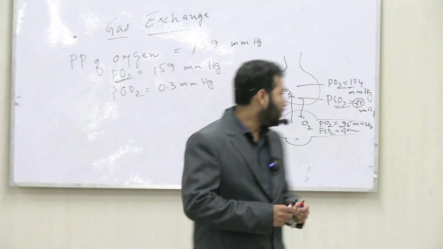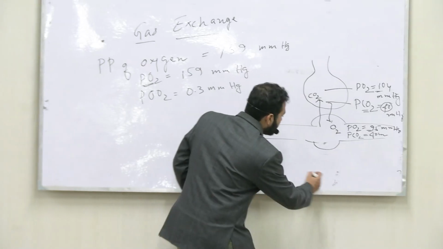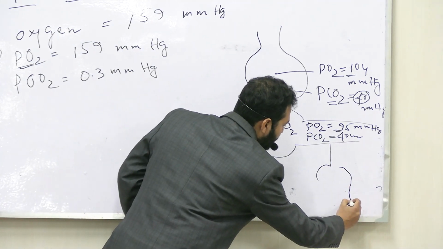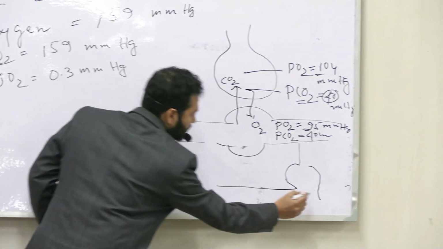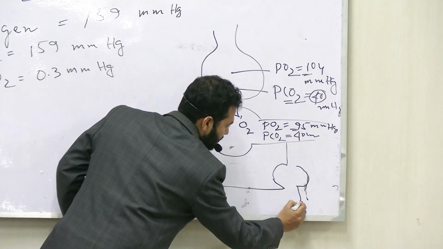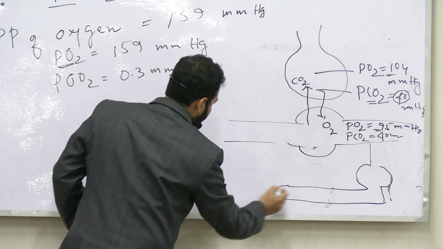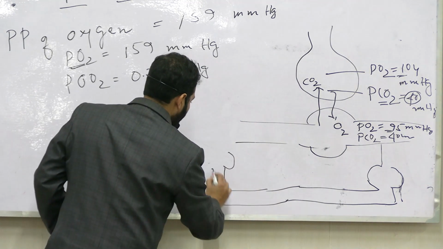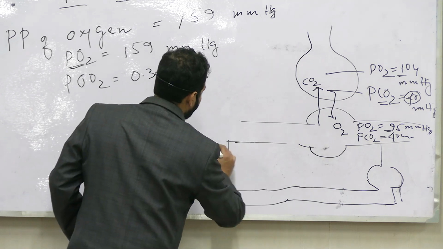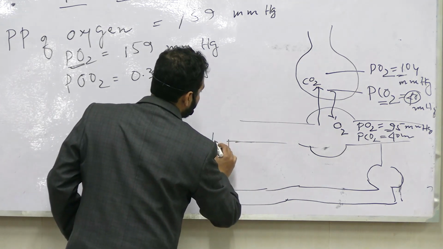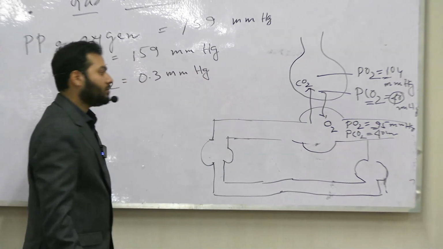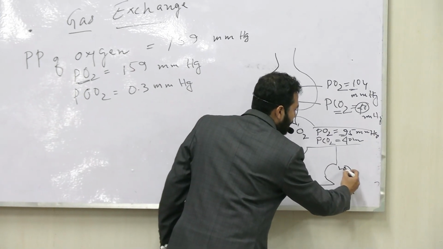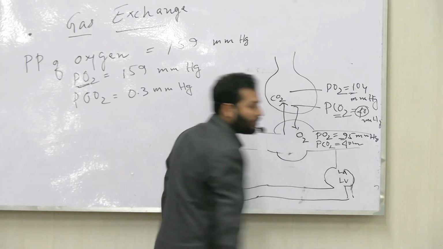Right? Now, suppose this is the part, this is the left atrium, this is the left ventricle.